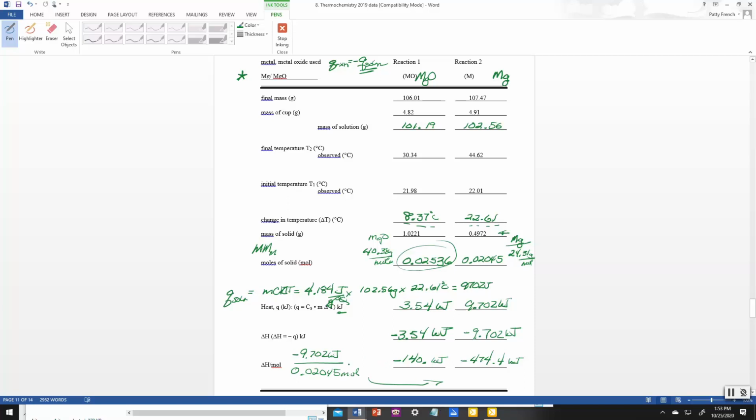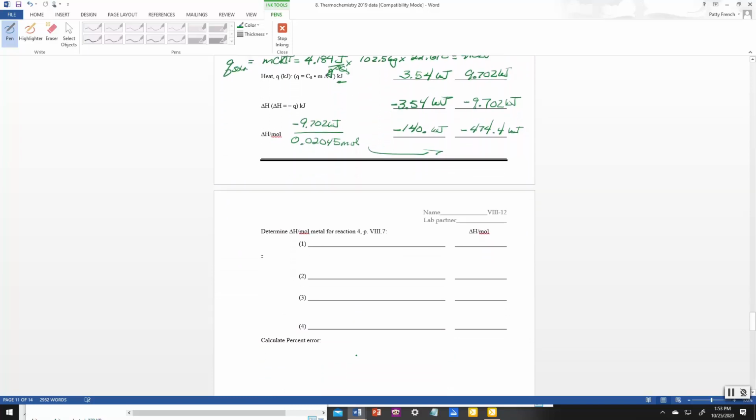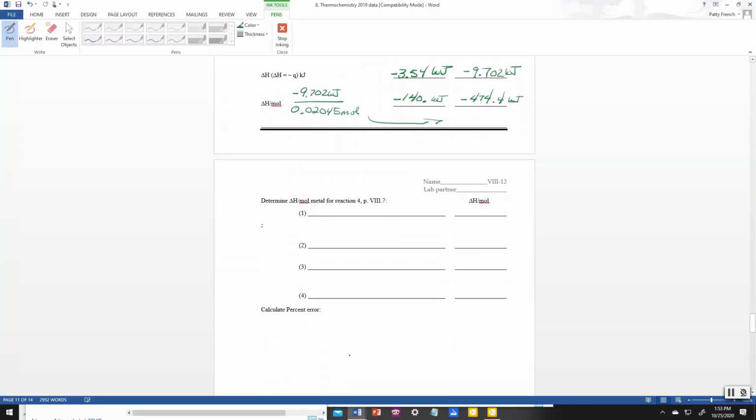Okay, we're almost done. Now we just have to actually do our Hess's law. So the first thing that I'm going to write is I'm going to take my magnesium reaction, just because I feel like it, plus 2HCl gives me magnesium chloride plus hydrogen gas.